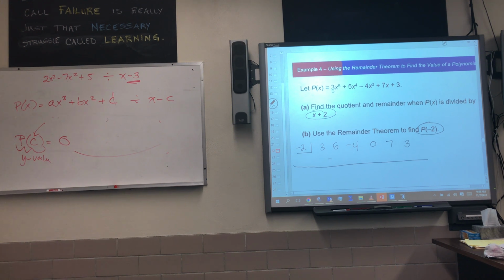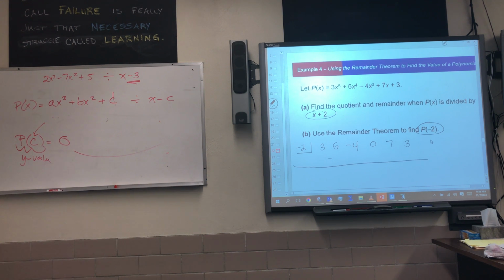Multiply by 3, get 96, and you write 96 down. Then negative 2 to the 4th power is 16. 5 times 16 is 80, you write 80 down. Then negative 2 to the 3rd power is negative 8. Negative 8 times negative 4 is 32. You write 32 down. And then negative 2 times 7 is negative 14. Write that down, and then add 3 to it, right? And then you sum all those numbers up, just to find out what this thing evaluates at.